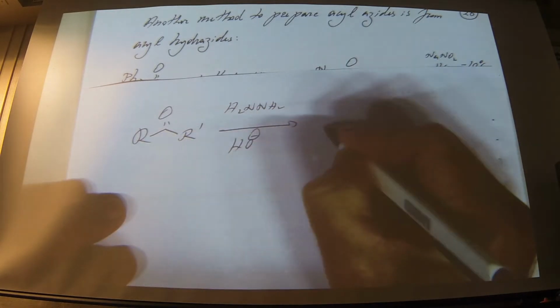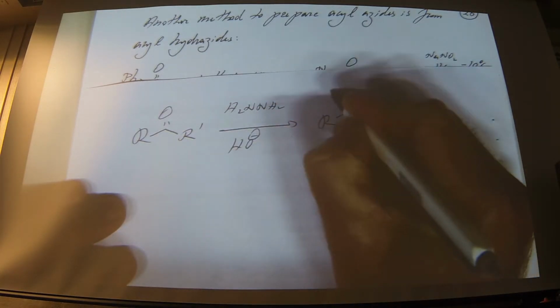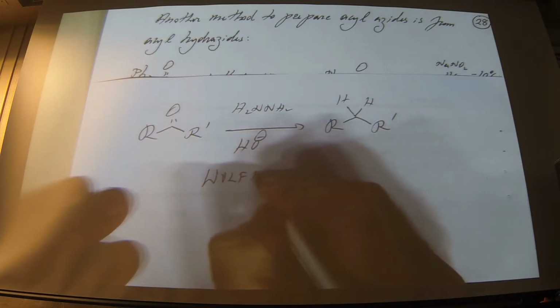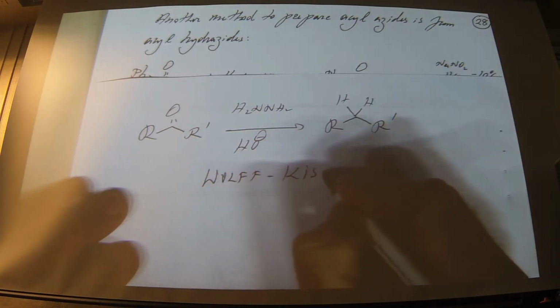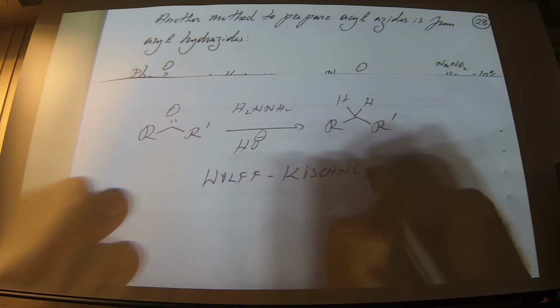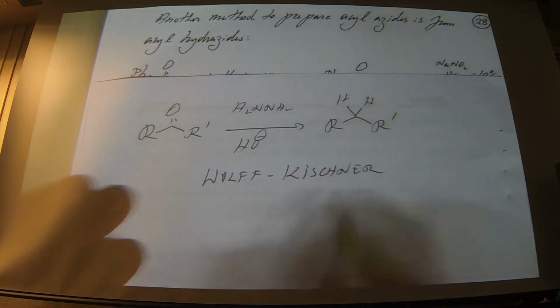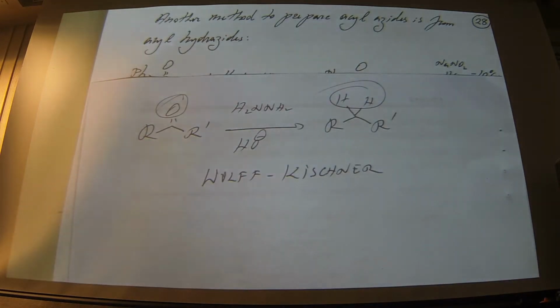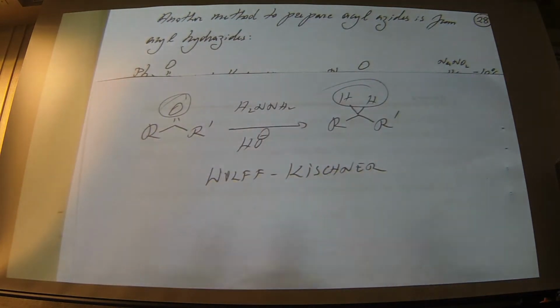Hydroxide, heat the heck out of it. And what I end up with is not the alcohol, but the methylene. And so this was known as the Wolff-Kishner reduction. Okay, so I'm taking it all the way down. This forms a hydrazone and so on.